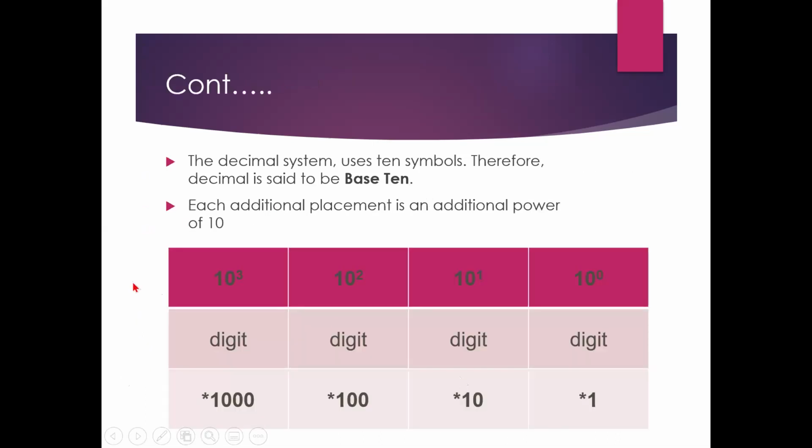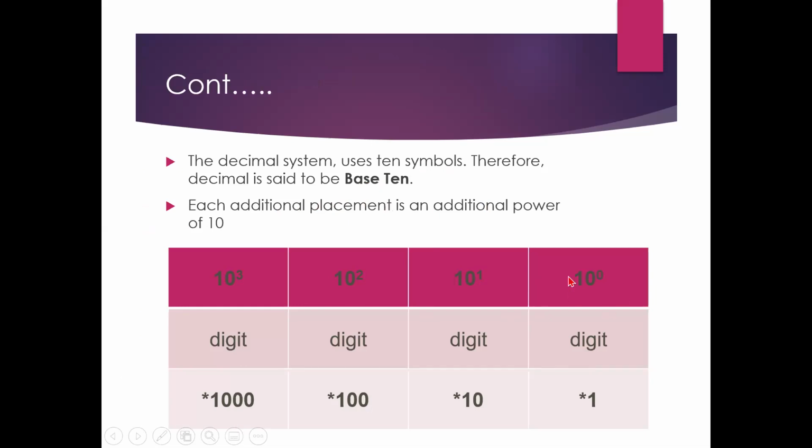In the decimal number system, since we use 10 different symbols, it is said to be decimal, and each digit is represented as a power of 10. For example, if you see this table, the first digit is represented as 10 power 0. Each digit in this number system is represented as a power of 10.